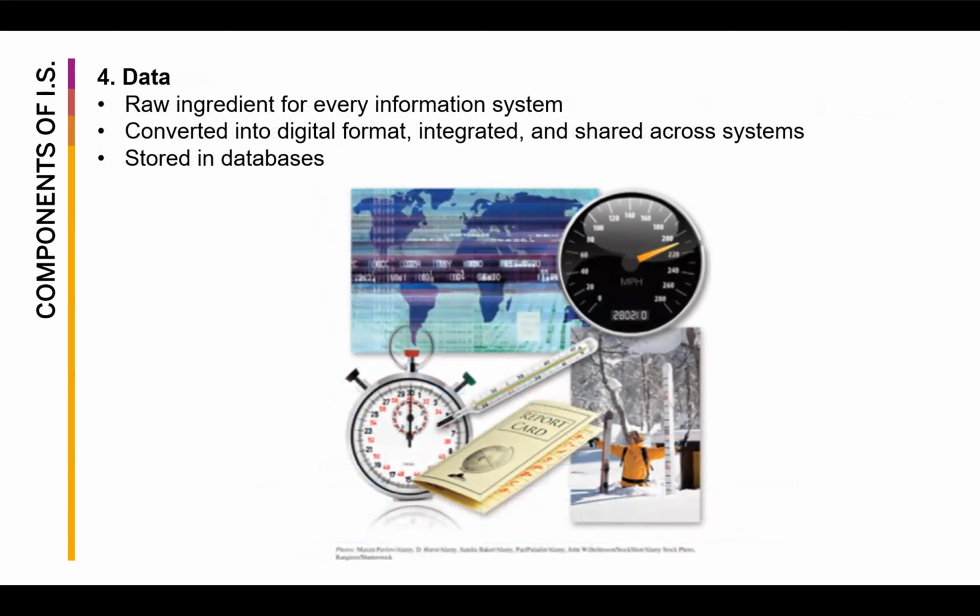And lastly, of course, we've been talking about information systems, we also need to talk about the data that comes into the system. It comes from the high level definition again: there's input data, it's being processed or converted into digital format and shared across systems. It is also stored within databases, the hardware part from the technology perspective.